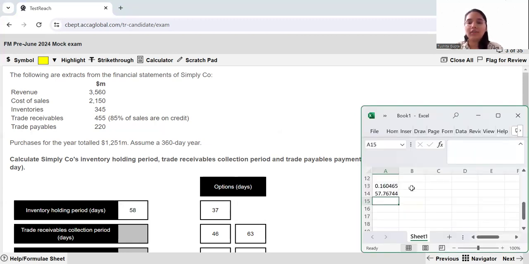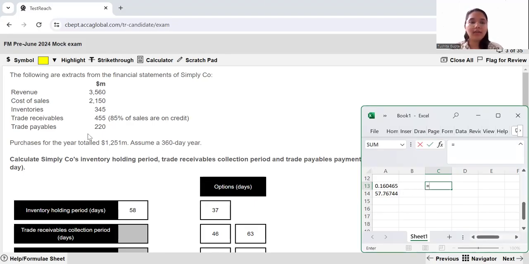Then let's talk about the second aspect, which is the trade receivables collection. If you see trade receivables, you have 455, and 85% of your sales are on credit. That means the receivables are representing 85% of your sales. Because in your denominator, you're going to need your total credit sales, that is why this information has been provided to you. So revenue you have already been given. Out of this, credit revenue is 85%.